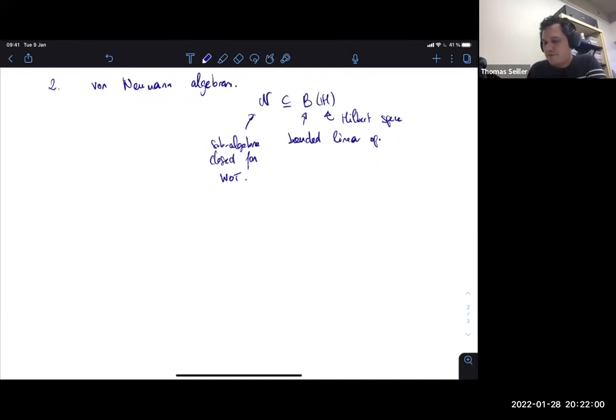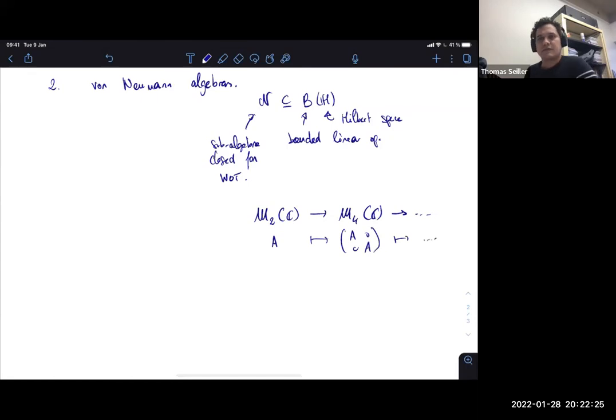One very simple example, if you want, is you can define a von Neumann algebra by taking larger and larger matrices. Okay. So you take the limit of this, where you embed A as A⊕0, and you take the projective limit with a closure for the topology, and this gives you a very standard and well-known von Neumann algebra.